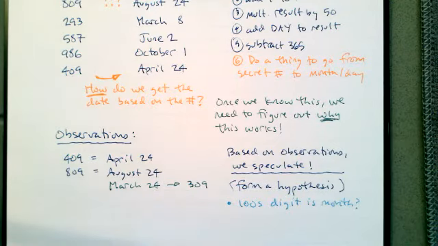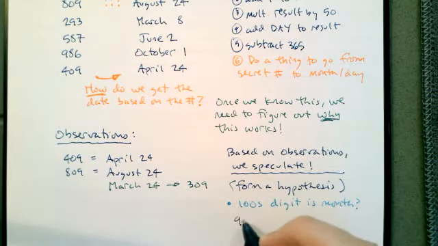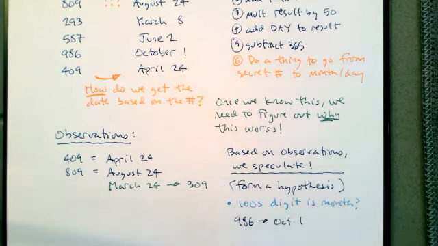But I was being a little bit unfair because you said the hundreds increase with the month, and I took that to mean that the month was the hundreds digit. So note that 986 corresponds to October 1st. So maybe the hundreds isn't the month, but it does increase with the month.